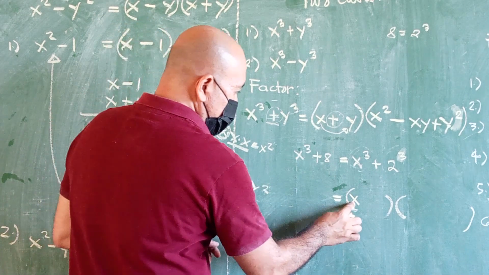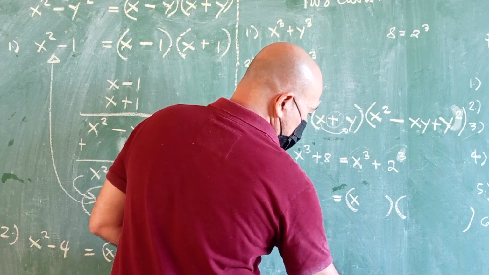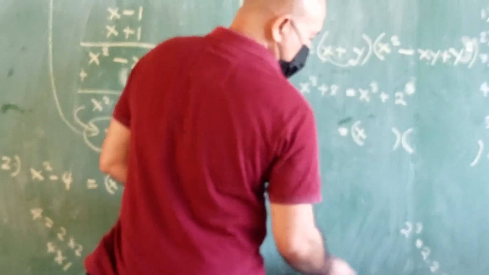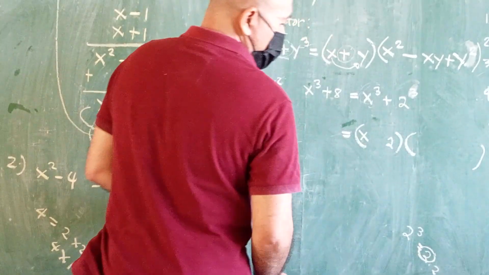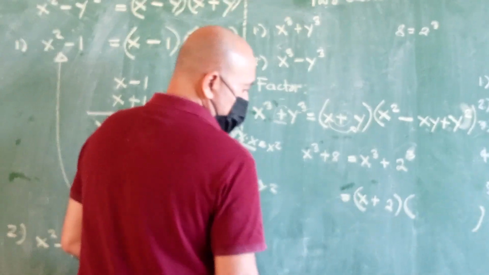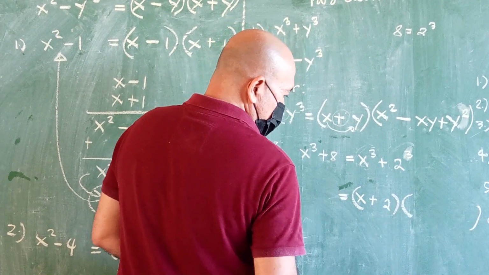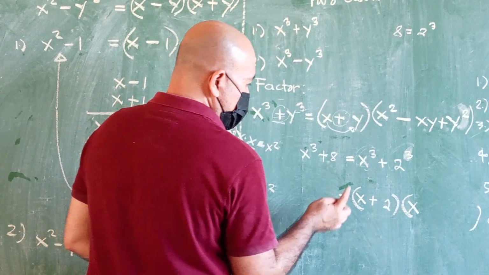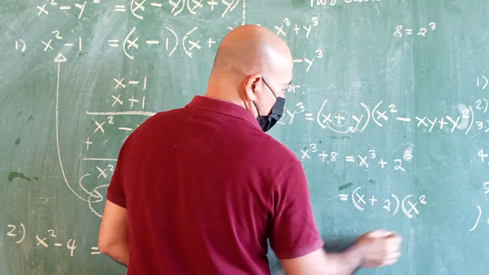And then 2 cubed means that you multiply 2 times 2 times 2, by itself 3 times. That means you are going to place here the cube root, which is 2, and then use the original operation, which is plus. Then for the second factor, which is the trinomial, you again write x here. And since you already factored out the first x, what remains is x squared.